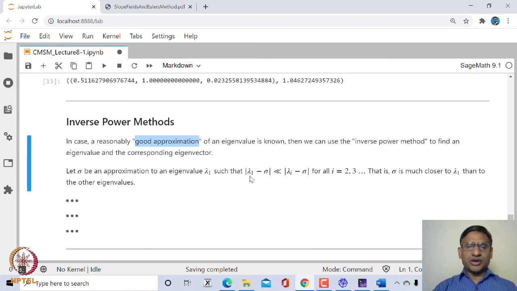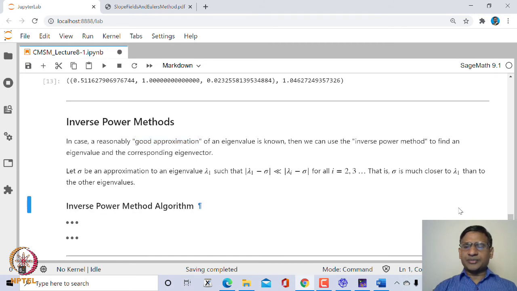That is, the modulus of lambda 1 minus sigma is less than or equal to the modulus of lambda i minus sigma for all i between 2 and n. So it simply means that sigma is much closer to lambda 1 than any other. This inverse power method is based on this notion.